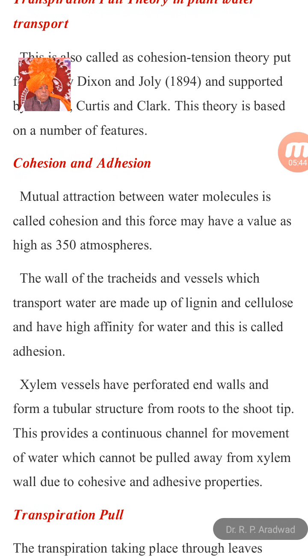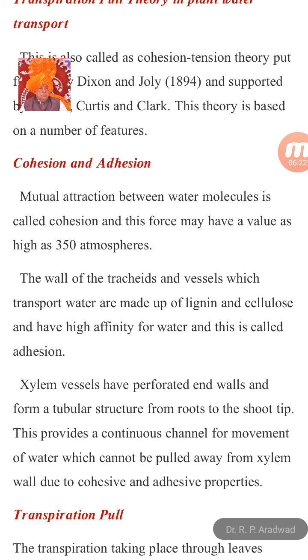Xylem has perforated end walls, and that xylem with perforated end walls forms a tube-like or tubular structure from root to tip. A column of xylem is formed from root to tip. In between the xylem, the perforated plates are found.